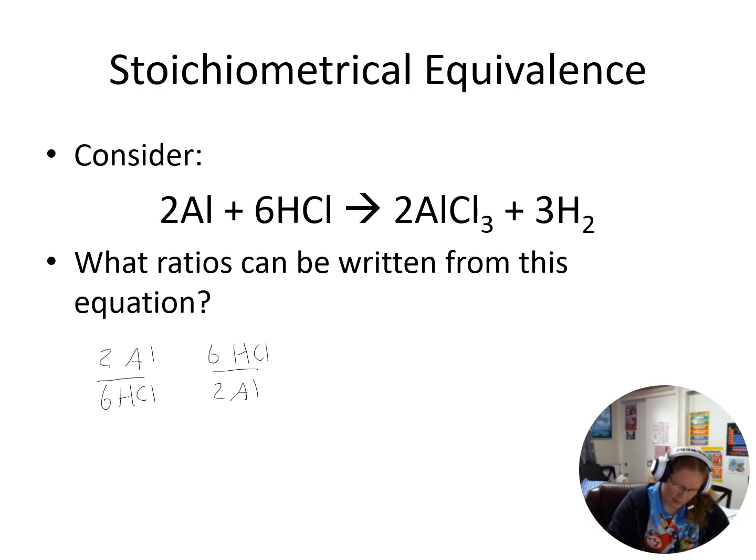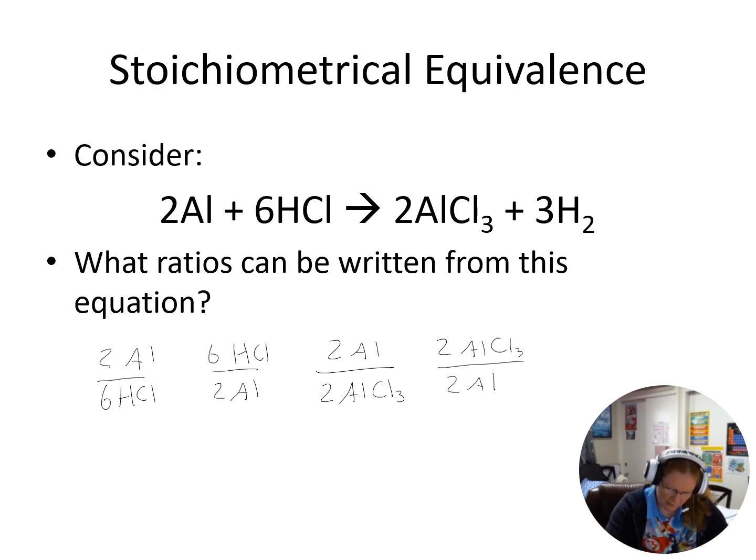Okay, I can get every 2 aluminum for 2 aluminum chloride, or 2 aluminum chloride are produced from 2 aluminum. I can get 2 aluminum will produce 3 hydrogen gas, or 3 hydrogen gas are produced when we have 2 aluminum.